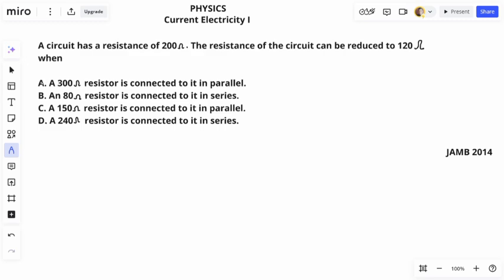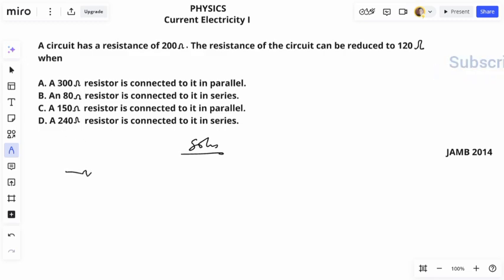Now the question is, what other type of resistor and in what type of connection are we going to connect it to this 200 ohm resistor so that the equivalent resistance will be 120 ohms? In order to build better understanding, there are two basic connections, electrical series and parallel.